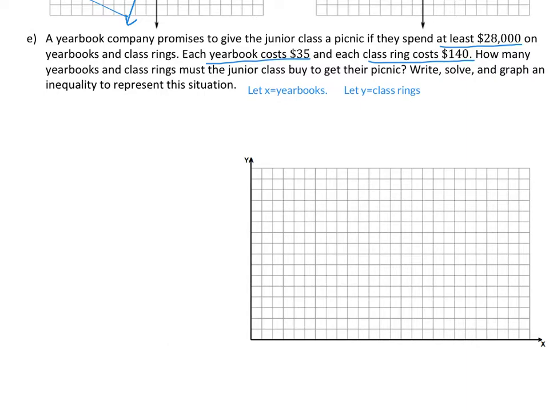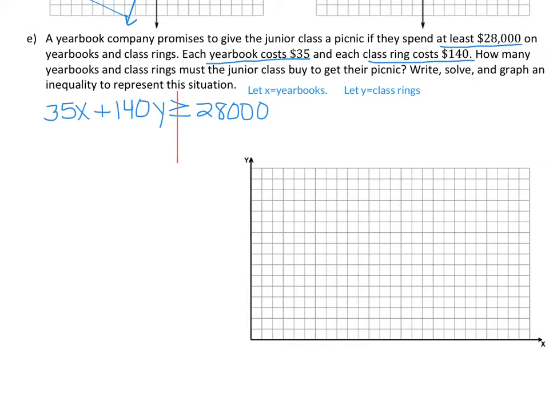So I know that each yearbook costs $35, so 35 times the number of yearbooks, plus I know each ring costs 140, so 140 times the number of class rings, and I know I want to spend at least $28,000, which means that's the minimum. I want to spend greater than or equal to $28,000. So there's my inequality, and let's go ahead and solve for y.